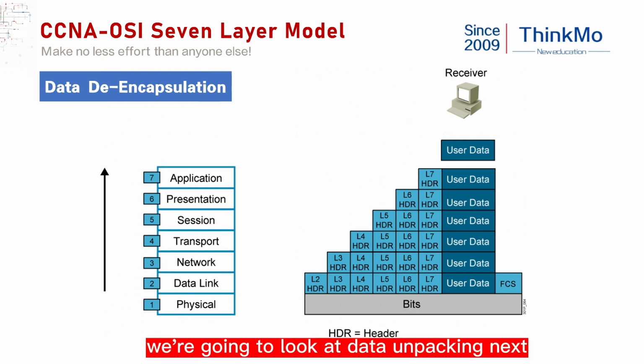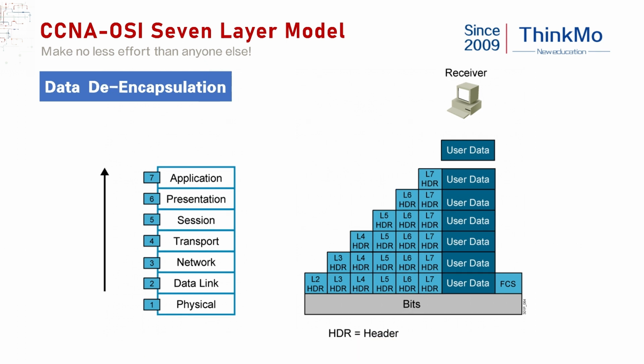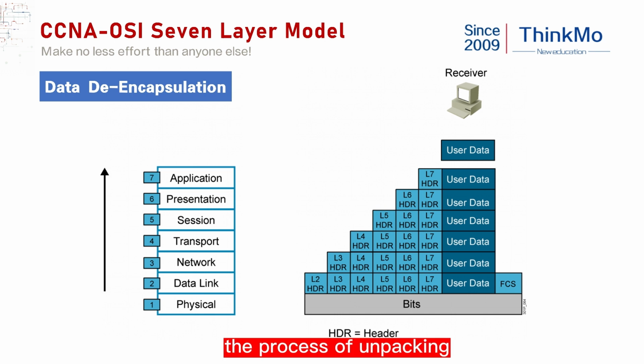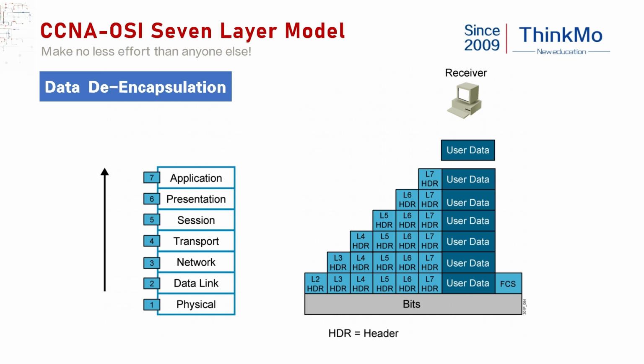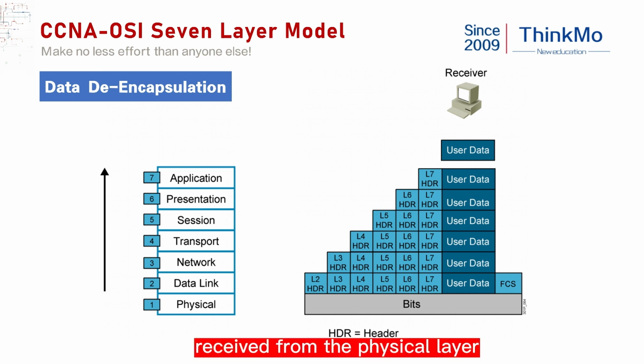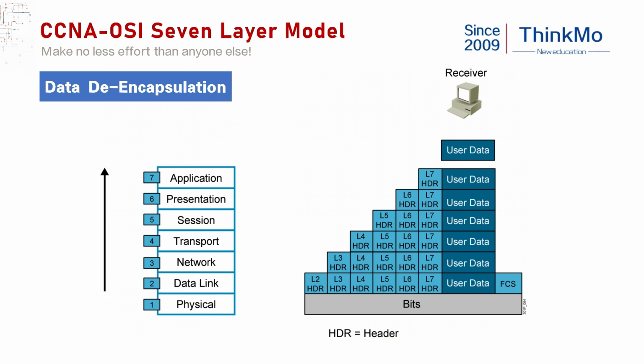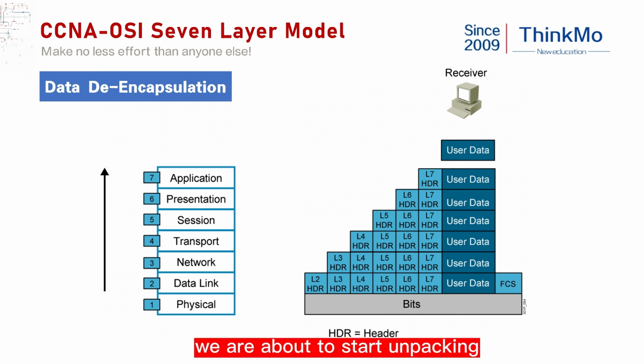We're going to look at data unpacking next. The process of unpacking corresponds to just now. When the data is received from the physical layer, we decode it through the network card into a binary bit stream, 0101. We are about to start unpacking at the second layer.